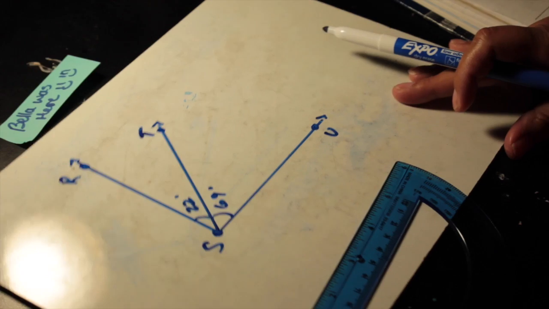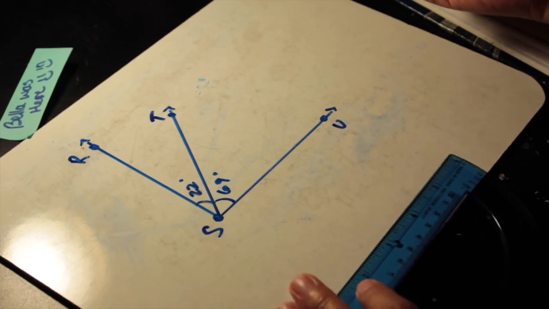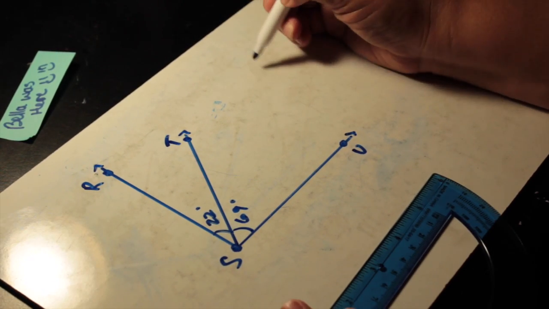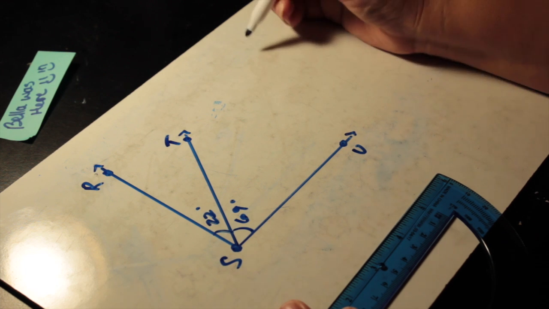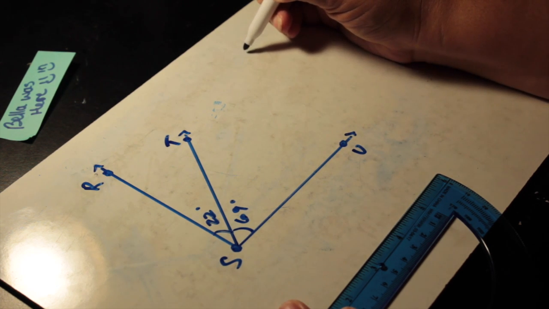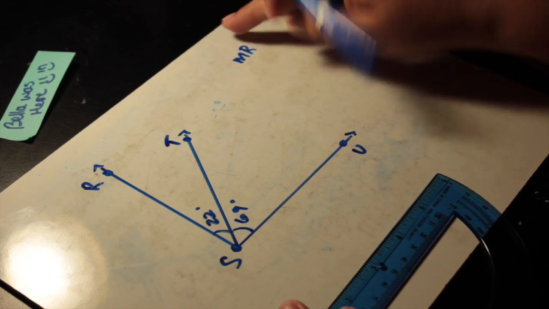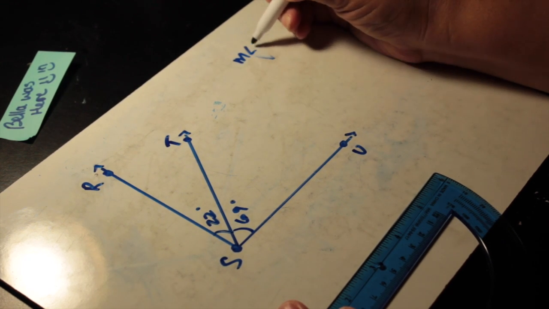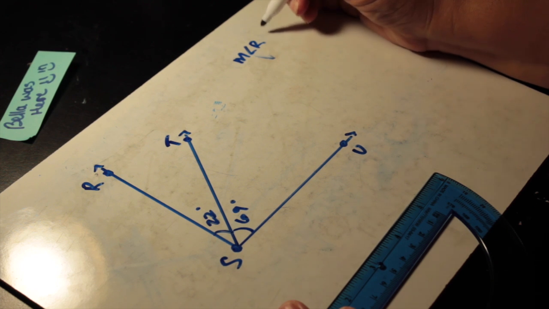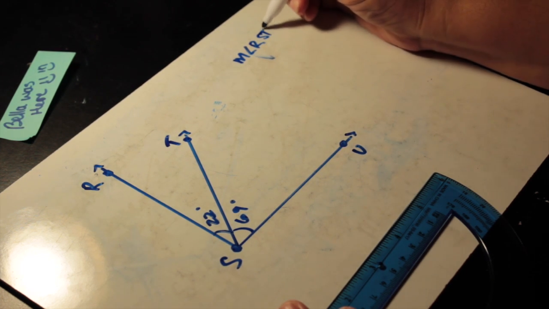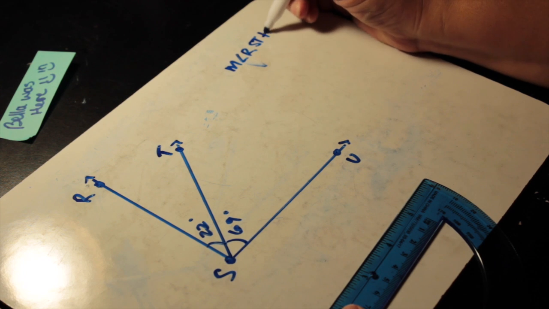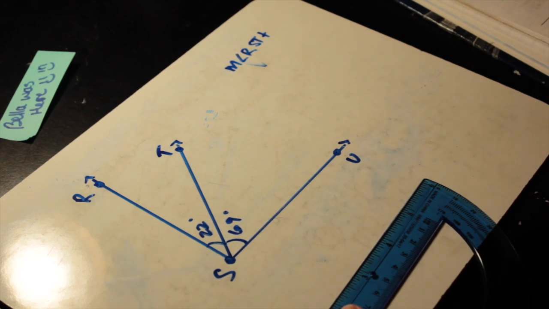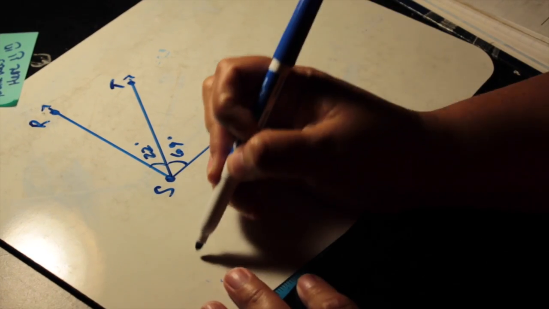This is not that difficult actually, but let's go through the exercise so we understand how to do this postulate. So measure RST plus, that's not going to give me enough room. Let's do it under here.